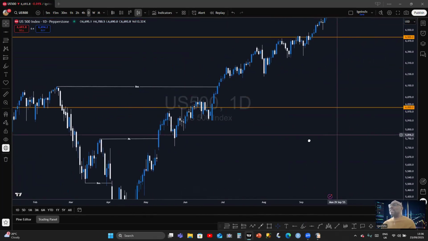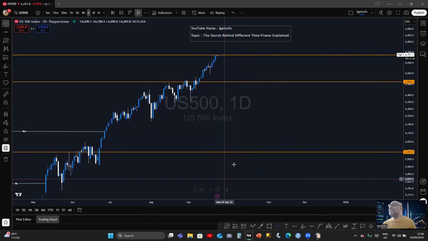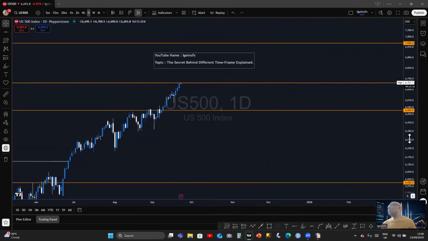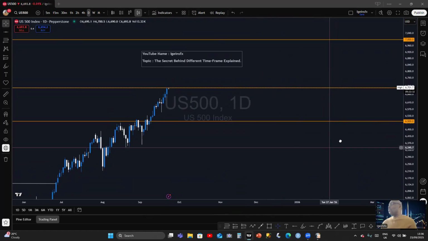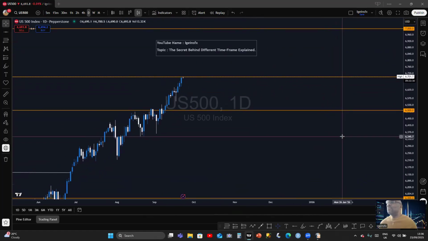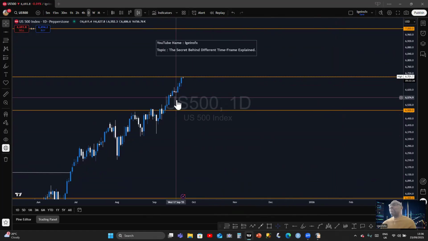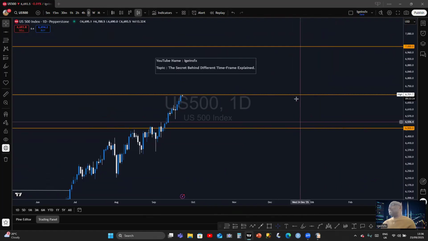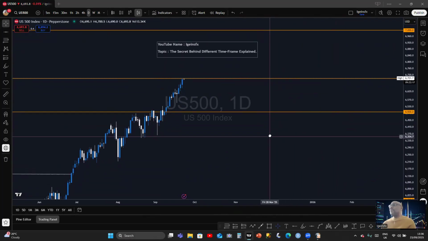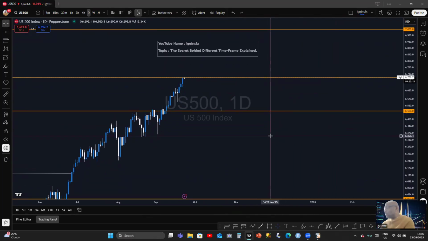But once your setup forms, I guarantee you already know the direction. You know where it's going. So you don't need to be scared, even if you see a pullback. You don't need to be scared until it gets to that level of price. You know, okay, at this point, there will be a deep pullback.